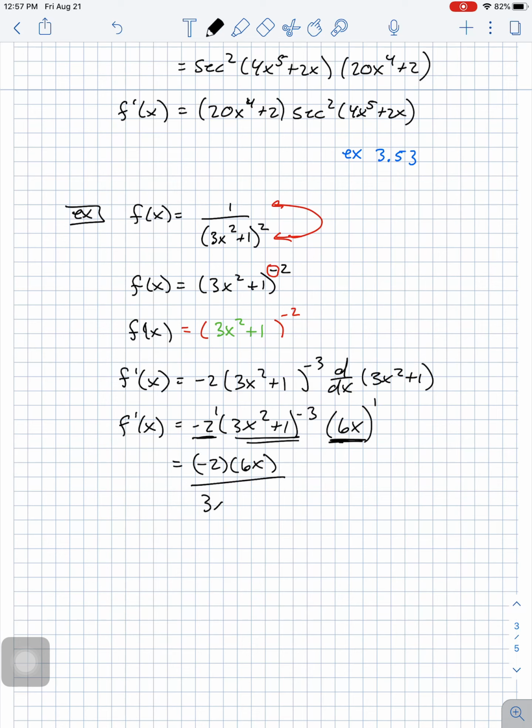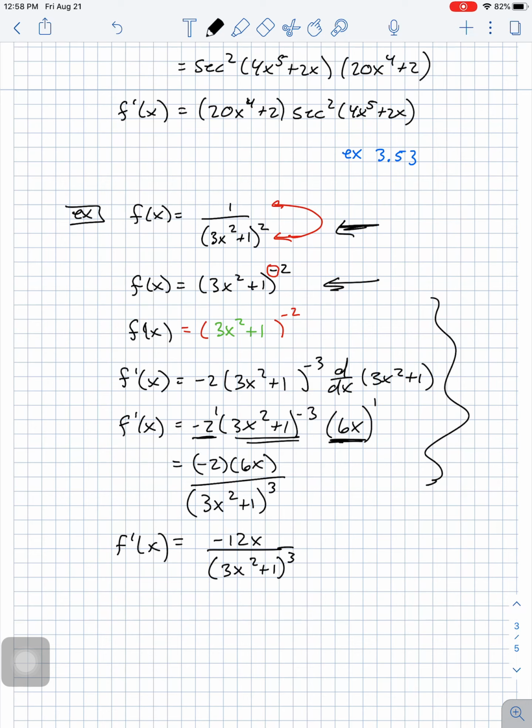And this one comes downstairs and it changes positive. So my answer is -12x over 3x squared plus 1 cubed. It will really help you algebraically if you can move back and forth between those. You start in fraction form, you move it up to negative, you do your calculus, and then you move it back to fraction form. Okay?